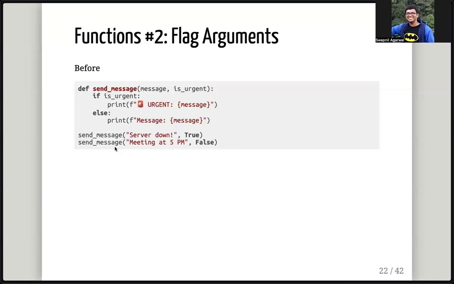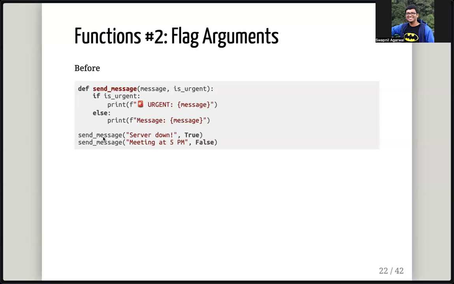Of course, we have just read it 5 seconds back, so you can say, hey, this is clearly the urgent flag. But imagine there are thousands of lines between the definition and where you're calling it. Of course, when you hover over it with your mouse, your editor will show a pop-up saying what that argument means.